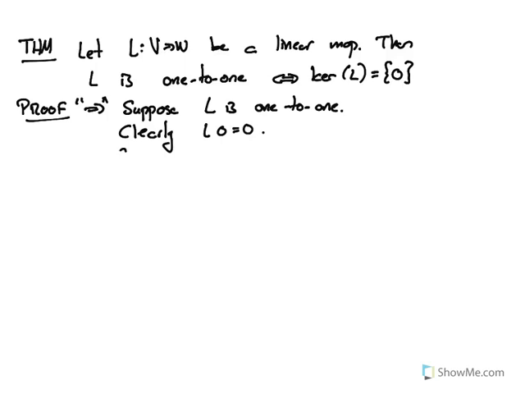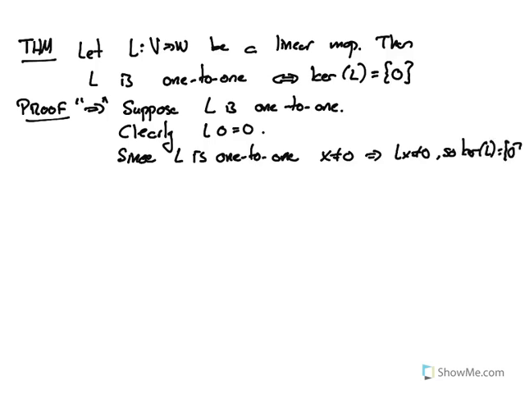And since L is 1 to 1, x not equal to 0 implies L of x is not equal to 0. So we say that the kernel of L consists only of the 0 vector. Right, we see this, right? So 0 always belongs in the kernel, and the fact that it's 1 to 1 tells you precisely that there is no other vector other than 0 that also maps to the 0 vector.